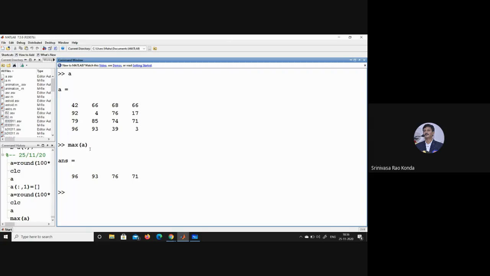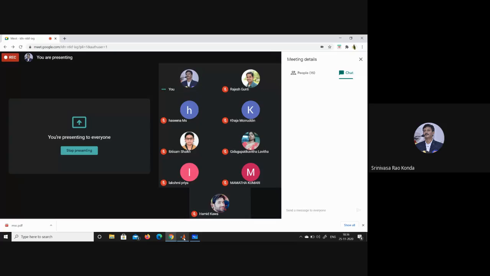Actually, if you give max of A, I am getting maximum elements like this. Maximum element in this column 96, in this column 93, in this column 71, in this column 70. But I need the maximum element in the given matrix.